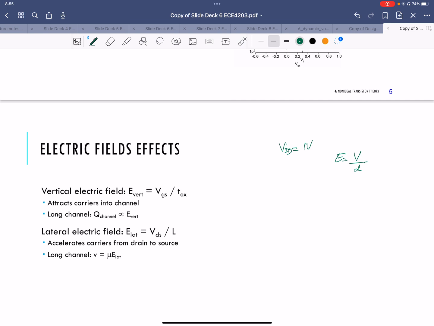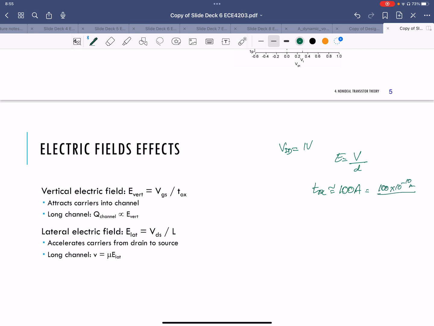And you've got to remember that the oxide thicknesses in these devices might be maybe 30 angstroms, maybe 50, maybe 100, maybe 150, but that's 100 times 10 to the minus 10 meters.